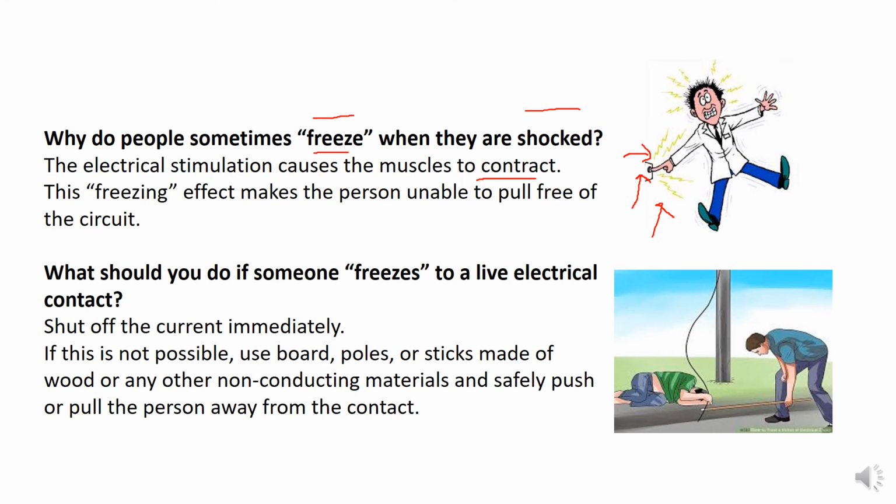And what should we do if somebody freezes to a live electric current? For example, here you can see a live or energized wire, and somebody is frozen, still touching the live energized electric current. As I mentioned in the previous slide, we need an insulator. There are certain plastic and wooden materials that are insulators.